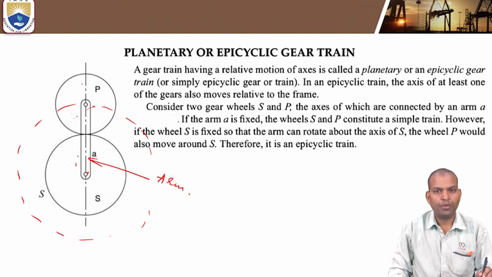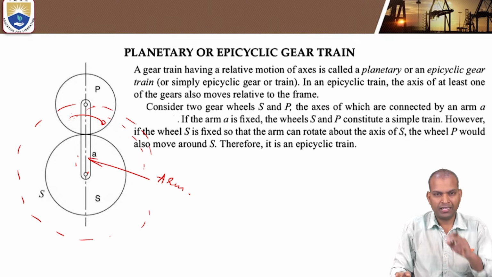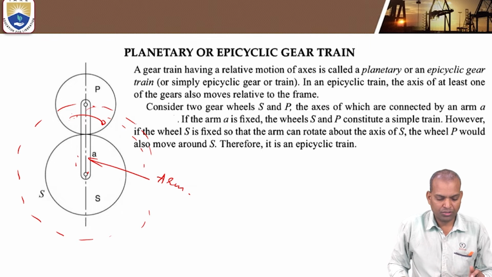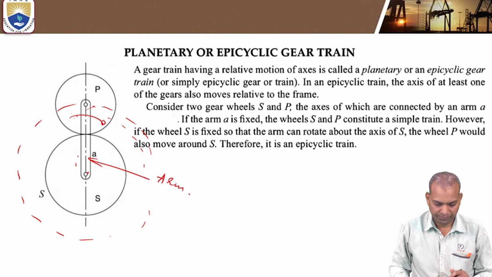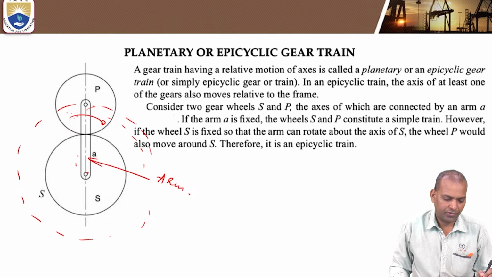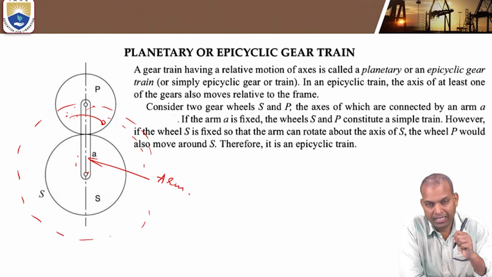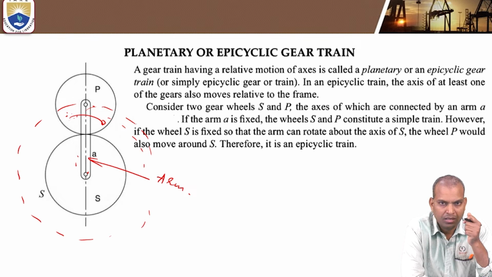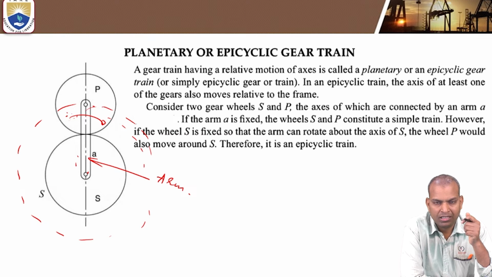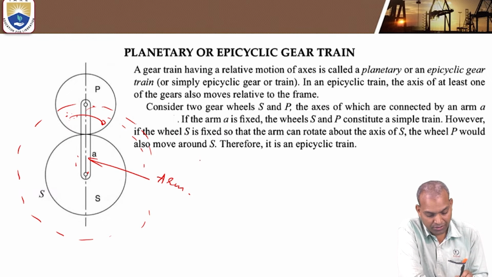When S is fixed and the arm is rotating, the arm also carries P. P will rotate like a planet around the sun. That's why it is also known as a sun and planet gear train, or simply an epicyclic train. For calculating the speeds of the planet gear P and the S gear, there are two methods: the tabular method and the relative velocity method.